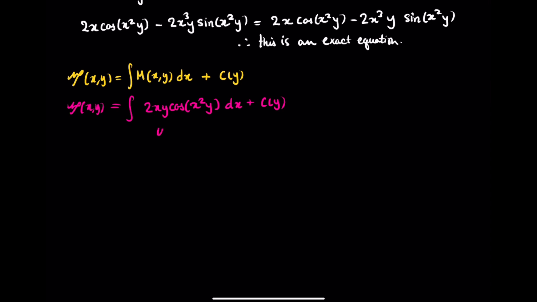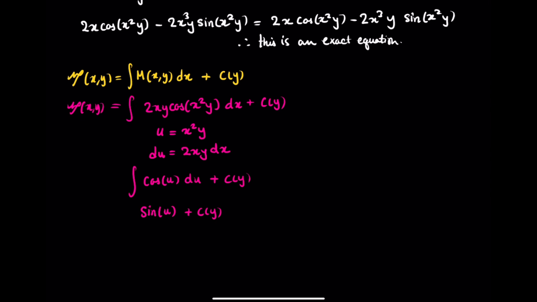So u is equal to x squared y, and du, taking the derivative with respect to x, is 2xy dx, which is perfect. So we can rewrite this integral as the integral of cosine u du plus c of y. The integral is sine u, and the constant I already took care of on the outside. That's just c of y.